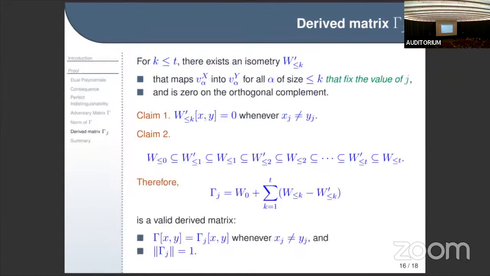Therefore, I can define the derived matrix like this. This is the original gamma, and I'm subtracting this primed thing. Because of this condition here, it's a valid adversary matrix, since I'm only changing the entries where xj is equal to yj.